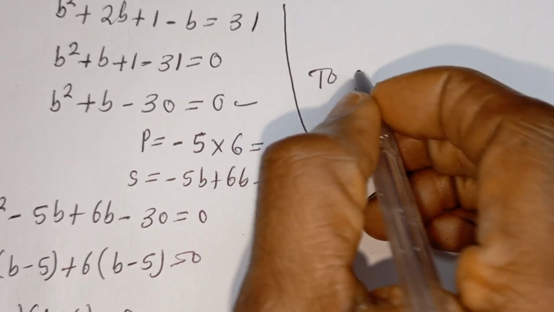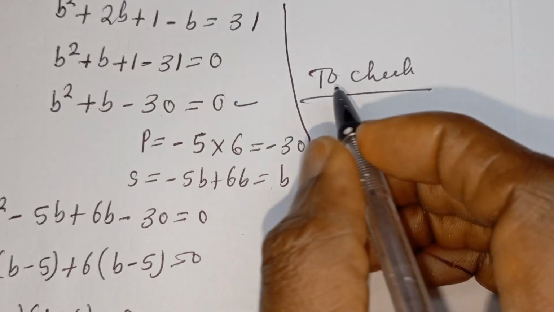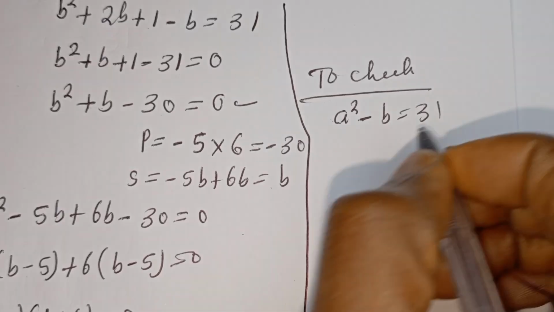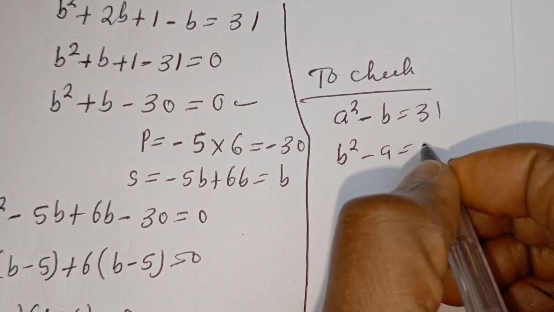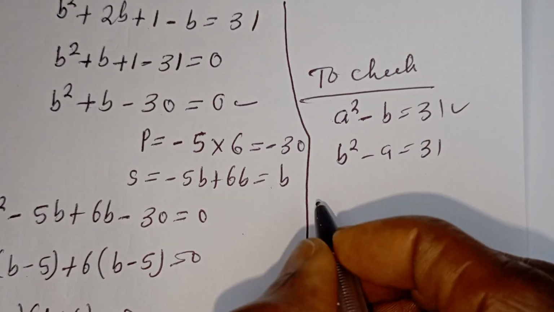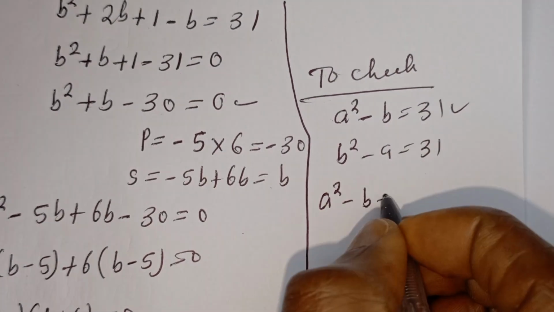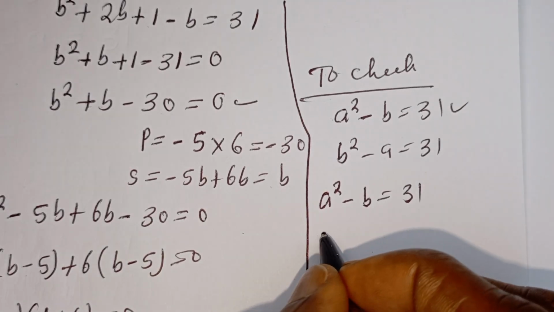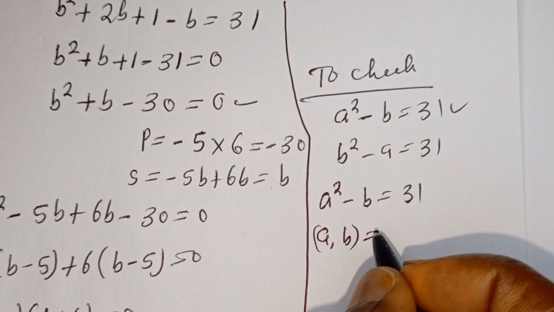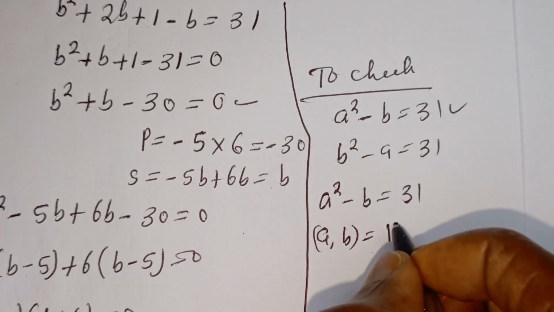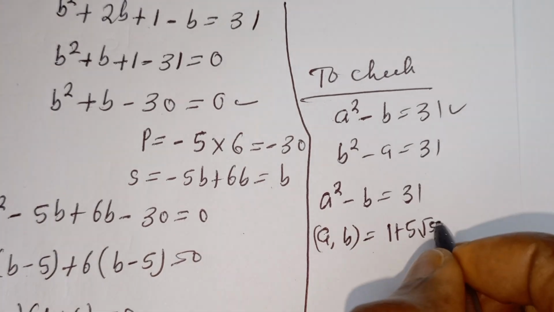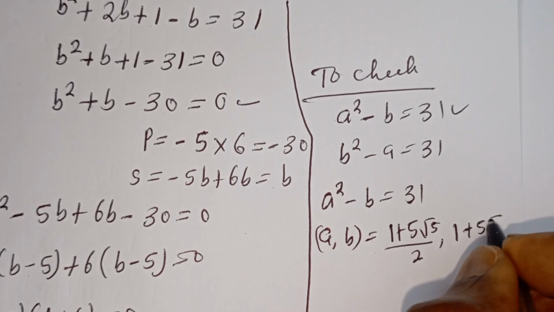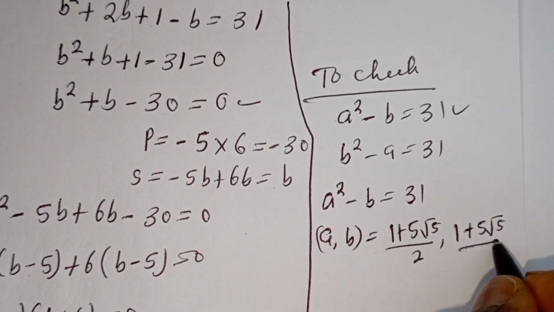To check, we have the given equation a squared minus b is equal to 31. Then b squared minus a is equal to 31. But let's consider this. We have a squared minus b is equal to 31. Then the first a comma b is equal to 1 plus 5 root 5 over 2, comma 1 plus 5 root 5 over 2.